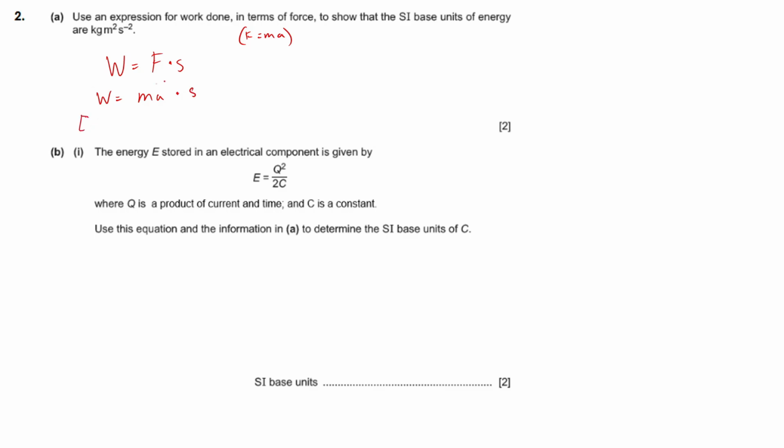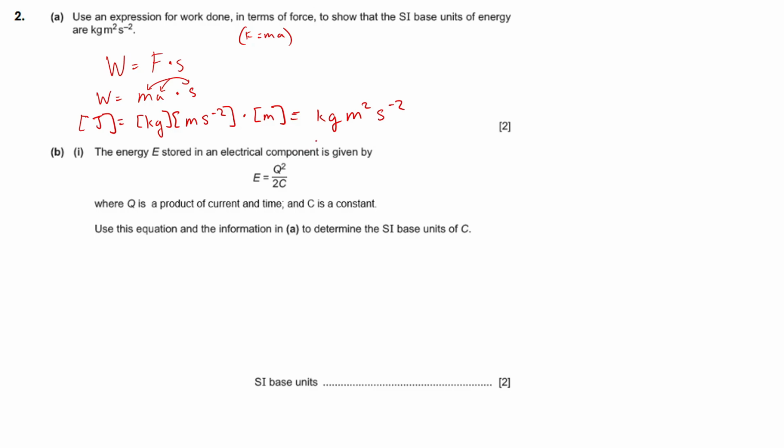We know these are pretty common units, so we can substitute the units. Mass is kg, acceleration is meters per second squared, and displacement is m. If you do this calculation, you get that joules is equal to kg m^2 per second squared.